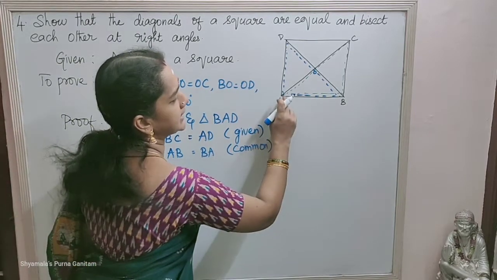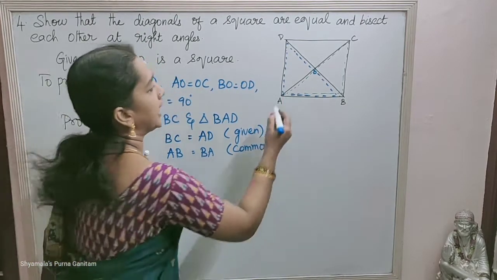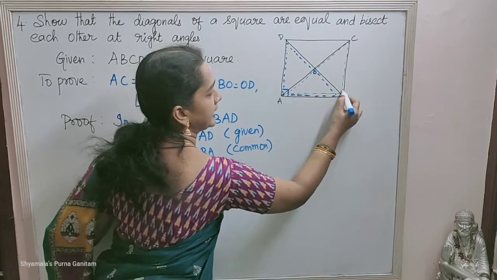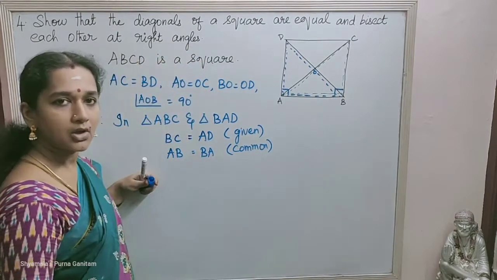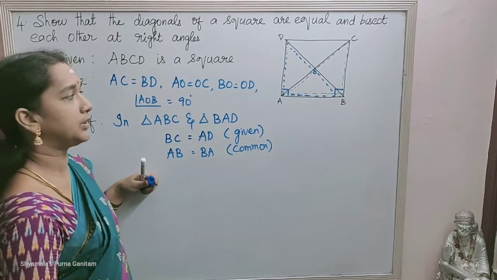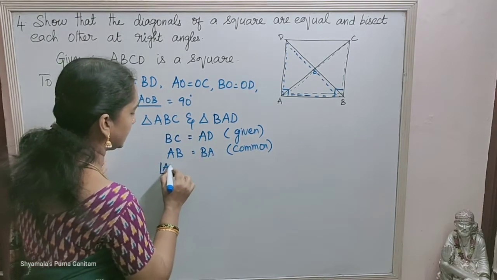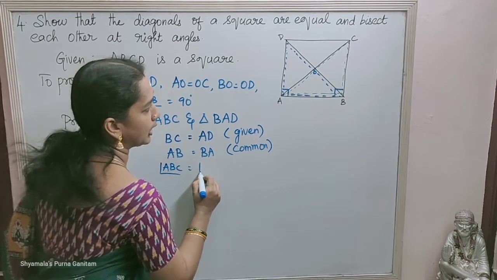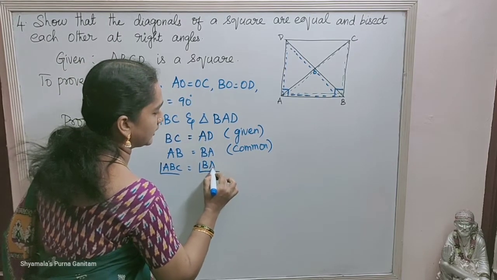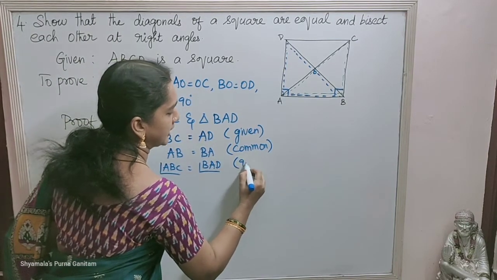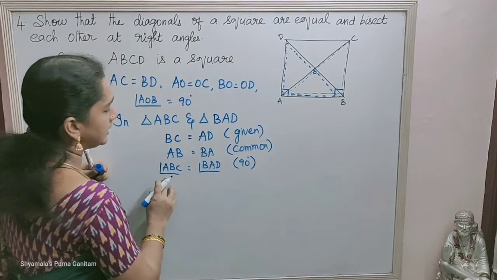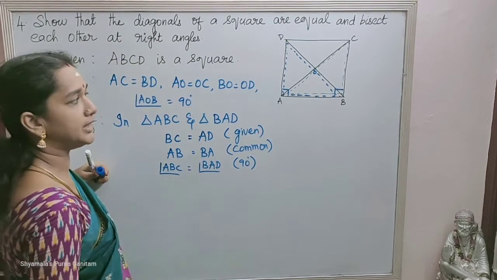Then, one more thing is, since it is a square, the angles will be 90 degrees. So, angle ABC is equal to angle BAD, both 90 degrees. Angle ABC is equal to angle BAD.